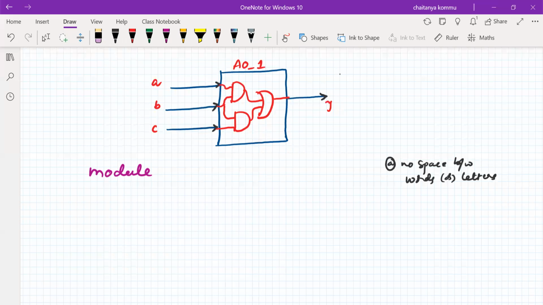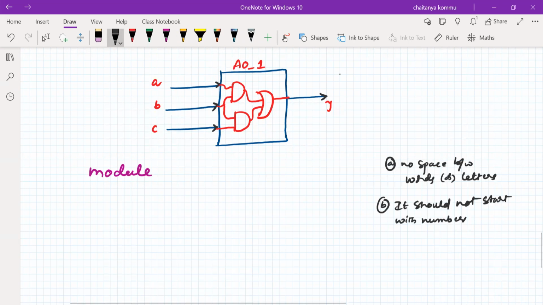The second point is that it should not start with a number. Please remember this point. Should not be any kind of space, should not start with a number. Please remember these 2 points is sufficient.